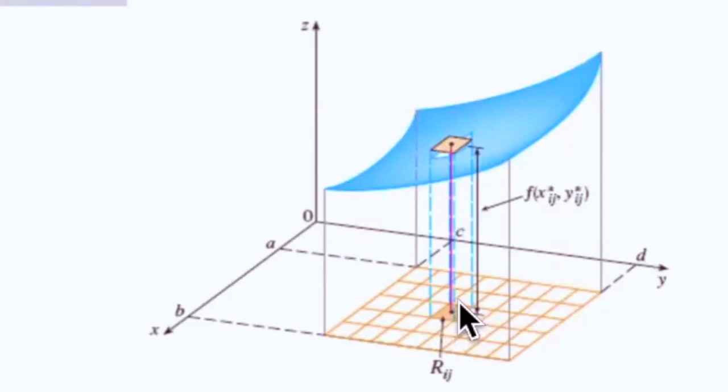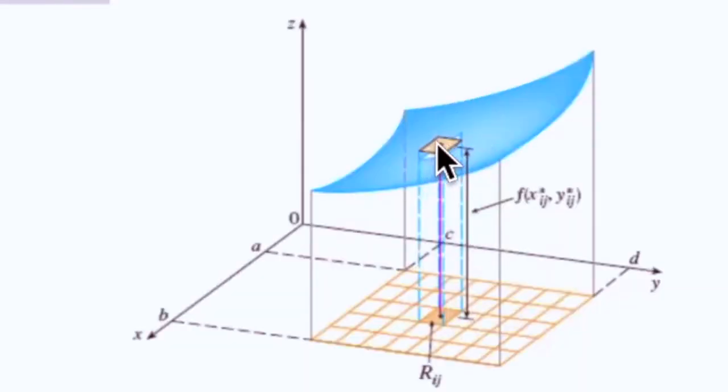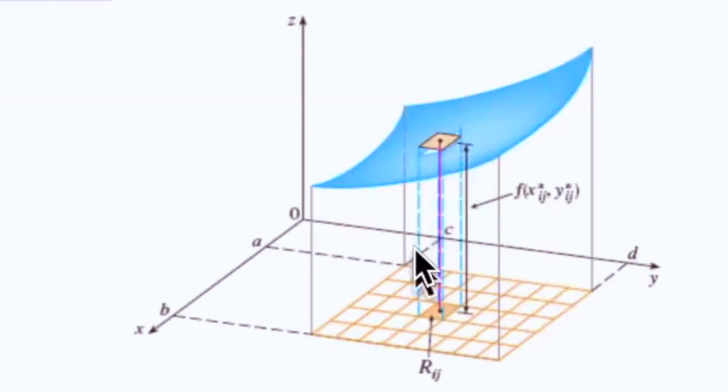We're going to take the base area over here, multiply by this height. That gives you the value for this rectangular box. And we're going to use that to approximate the volume under the surface above this subrectangle. Do you get the idea?